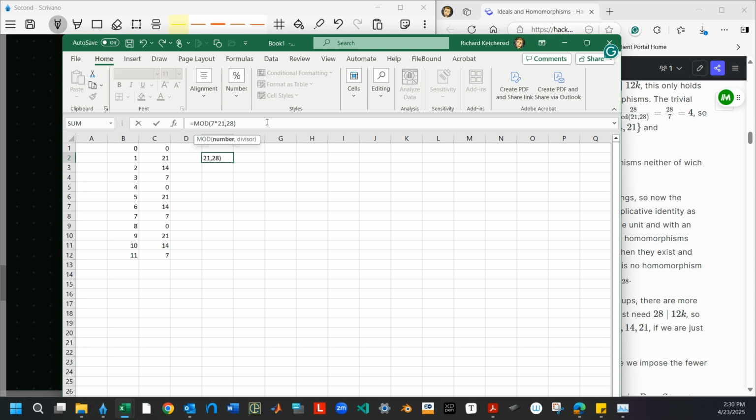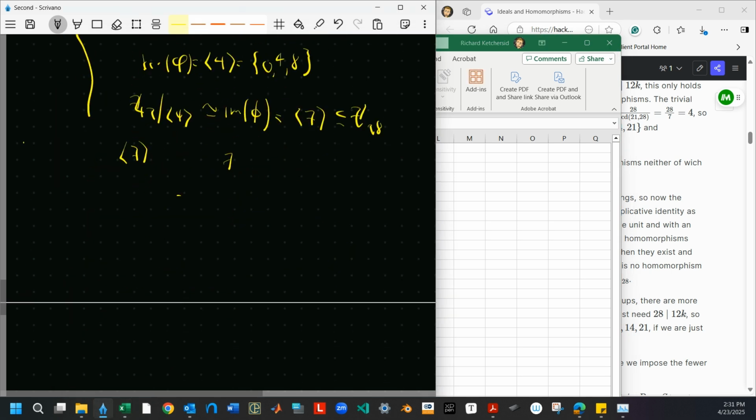okay, what is that? Mod 28 is 7. Let's see, 14 times 21 is 14. Oh, there we go. So 21 times 21 is 21. So just to be clear, this image has a unit, sitting inside of Z28 as a subring.